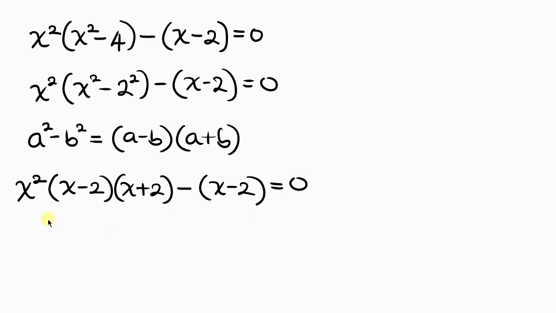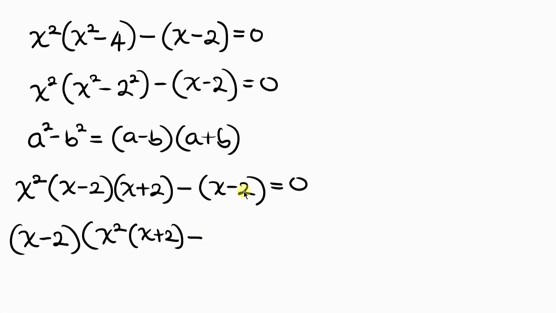Now notice that x minus 2 is actually common. So we can factor out x minus 2. Let's put it in brackets, open bracket. Now x squared times (x minus 2) times (x plus 2) divided by (x minus 2), I'm going to have x squared times (x plus 2). Very good. Minus.